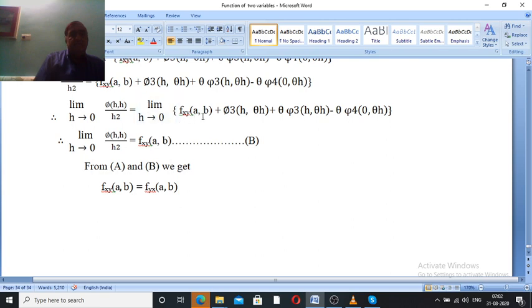Here fxy at point (a, b) is constant. Therefore, we write it directly here. But the rest of the expression is 0. As h tends to 0, phi 3 is 0, psi 3 is 0, psi 4 is 0, so the limit is equal to fxy at point (a, b). From equations A and B, equality holds at point (a, b).